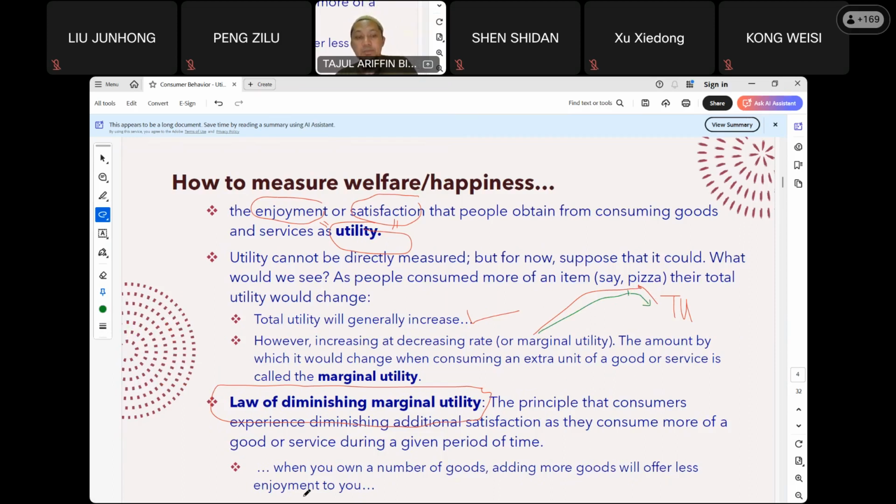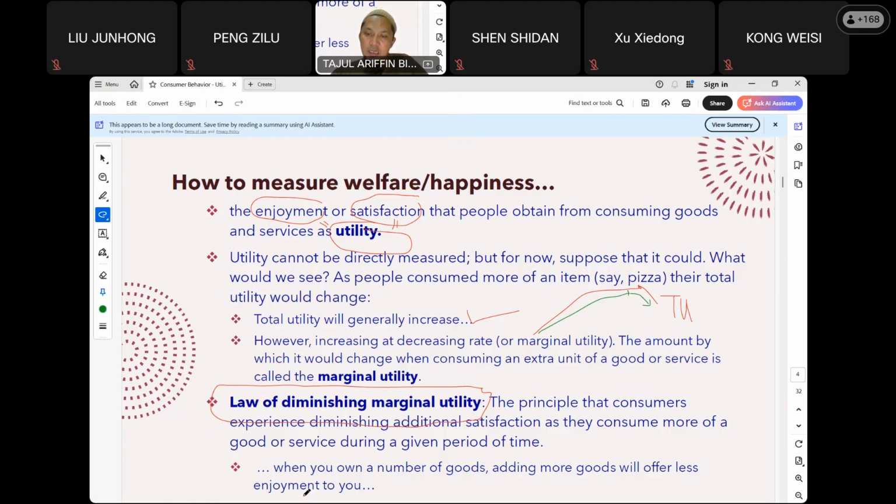Again, I repeat. What is marginal? Marginal refers to a small change. Or to be precise, marginal utility here refers to the additional unit of satisfaction or enjoyment, which we call utils, the unit for utility, by adding an additional unit.